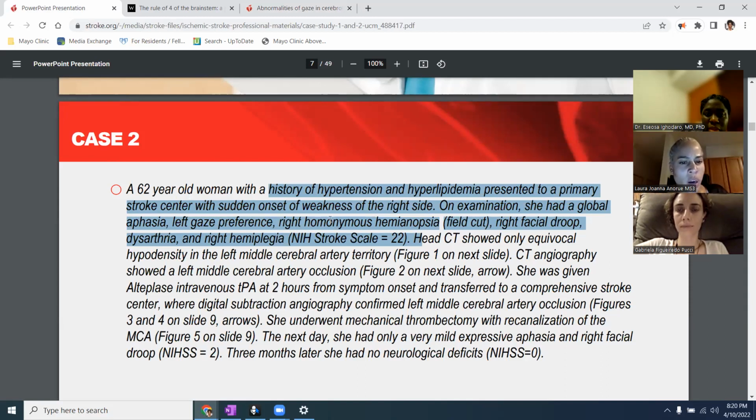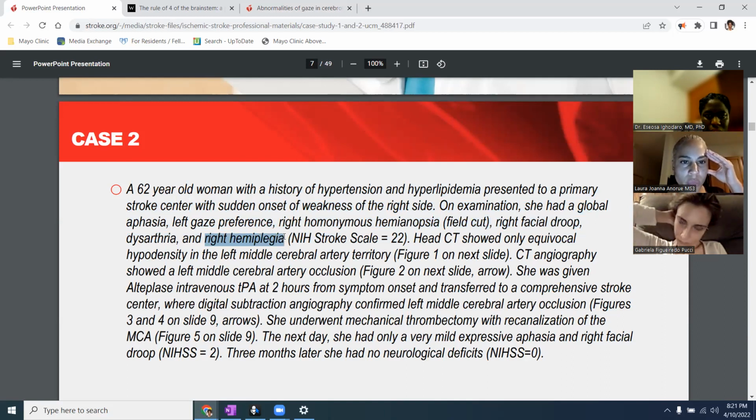The right homonymous hemianopsia is PCA. Her speech is MCA, so multiple distributions are involved. And then she has right hemiplegia. Again, it doesn't say if it's leg or arm. So she has a high NIH Stroke Scale.